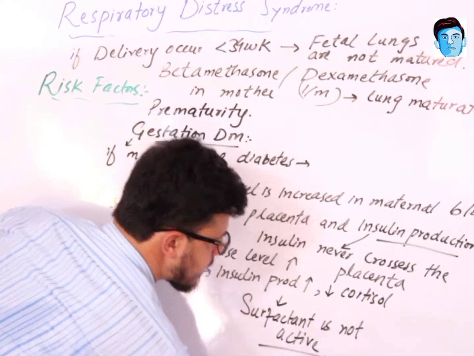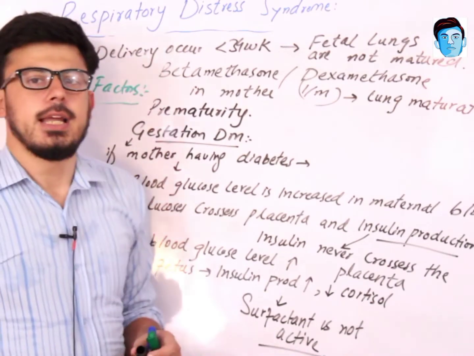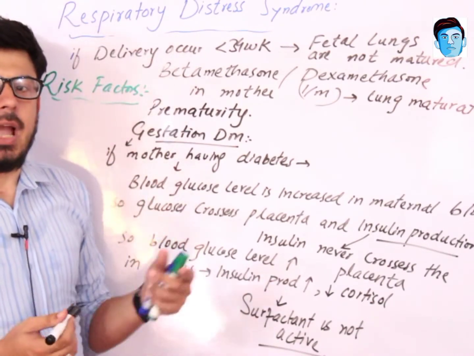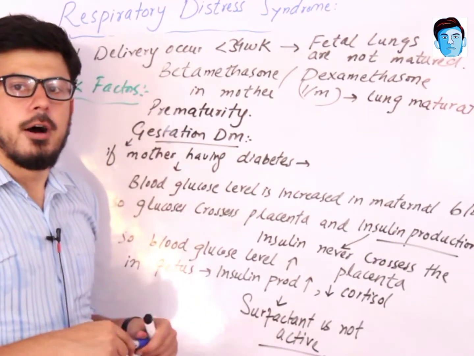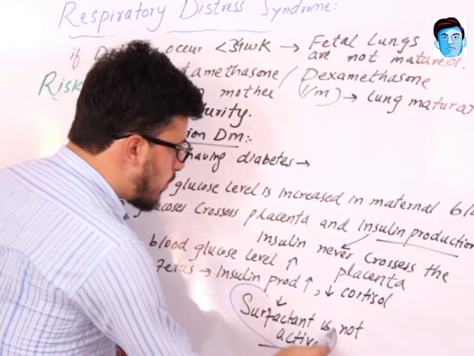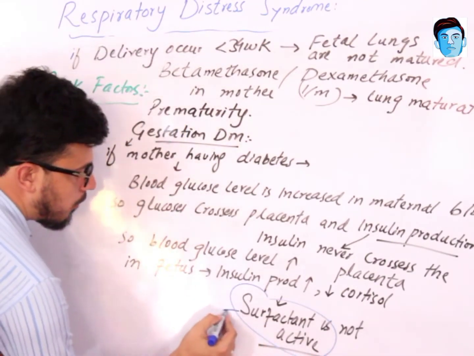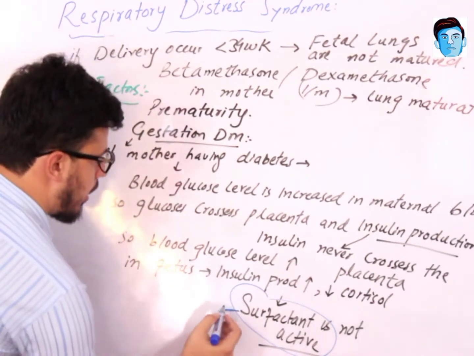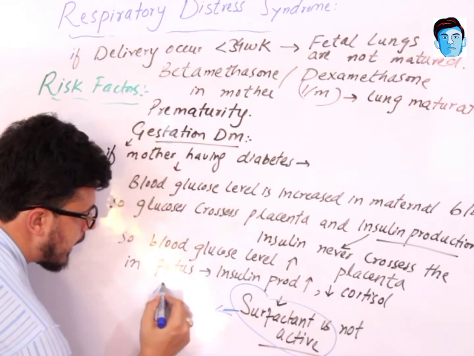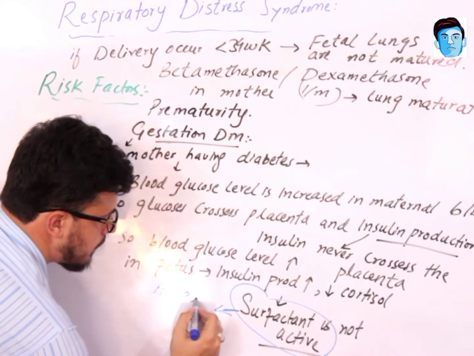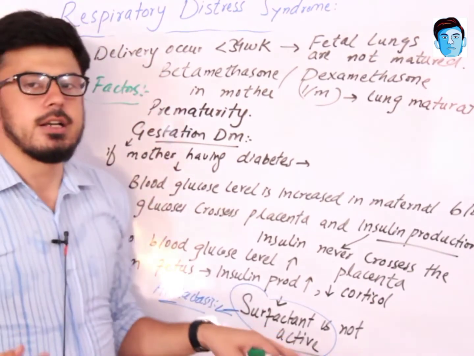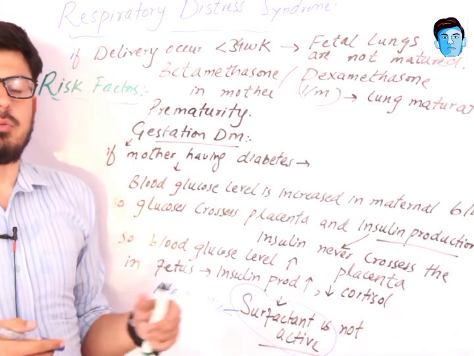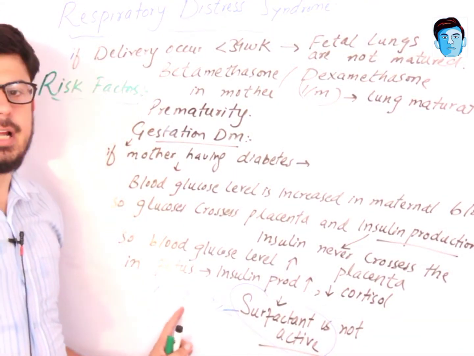If surfactant is not working properly, it means there will be increased surface tension and decreased surface area, which leads to the most important lung feature, that is atelectasis.